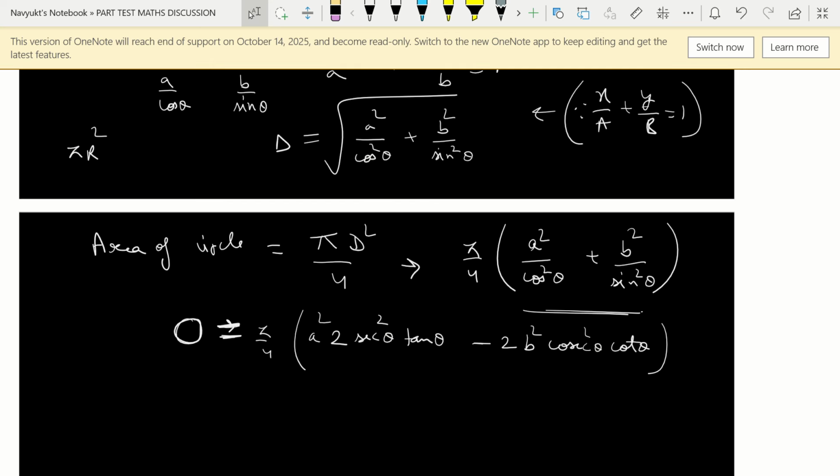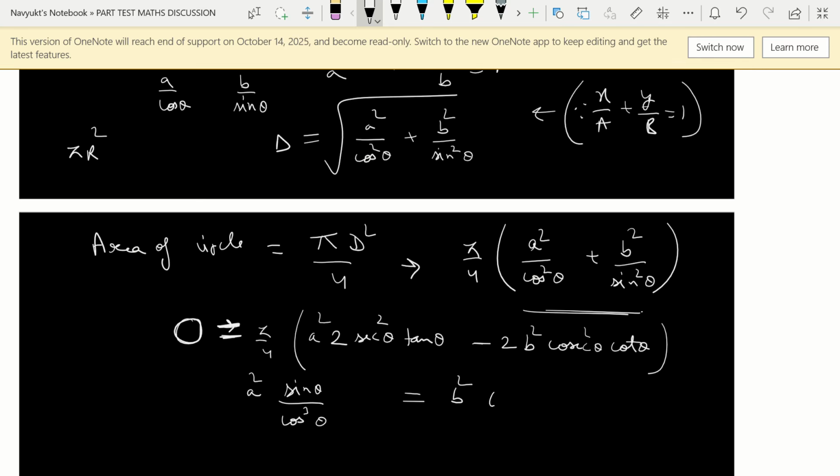So pi by 4 is gone. 2 we take common, 2 is gone. Finally a square into secant square into tan. What will be secant square into tan? Sine by cos cube, correct, equals b square. Again, what will this be? B square into 1 upon sine square, cos by sine.